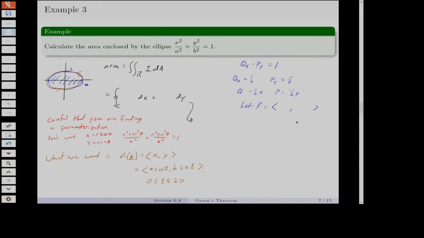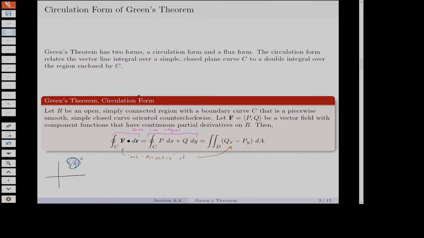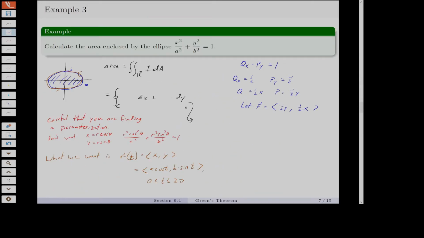So our vector field f is p comma q, so negative 1/2 y, comma 1/2 x. So if I'm integrating, again going back, p dx plus q dy, we want negative 1/2 y dx plus 1/2 x dy.